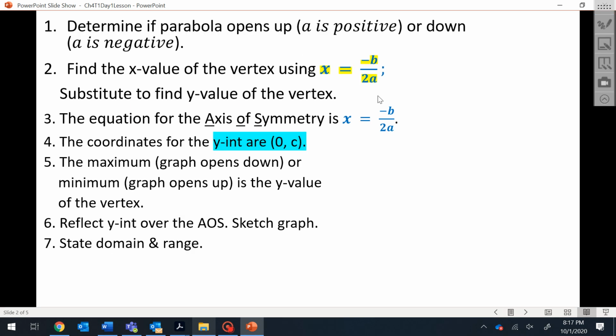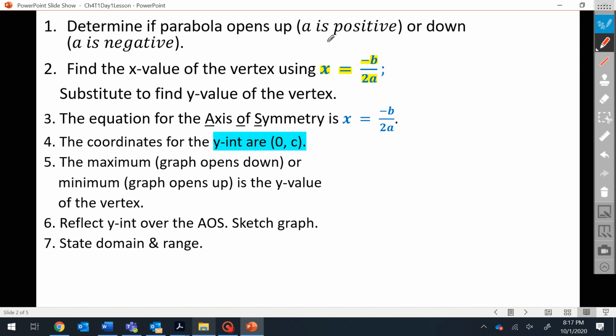Alright, here are all the steps necessary to graph a parabola. Determine if it opens up or down. So that would mean, does it look like this, or is it in the other direction like this? If the a is positive, then it's this one. If the a is negative, then it's this one.